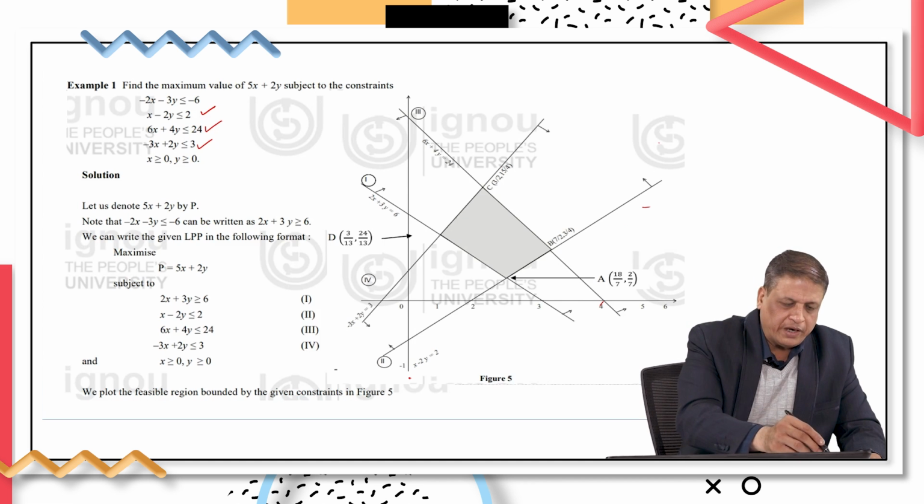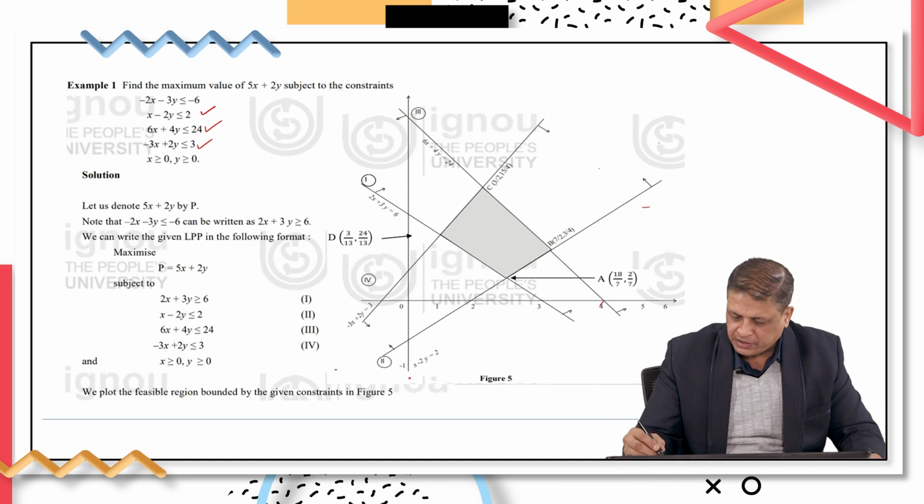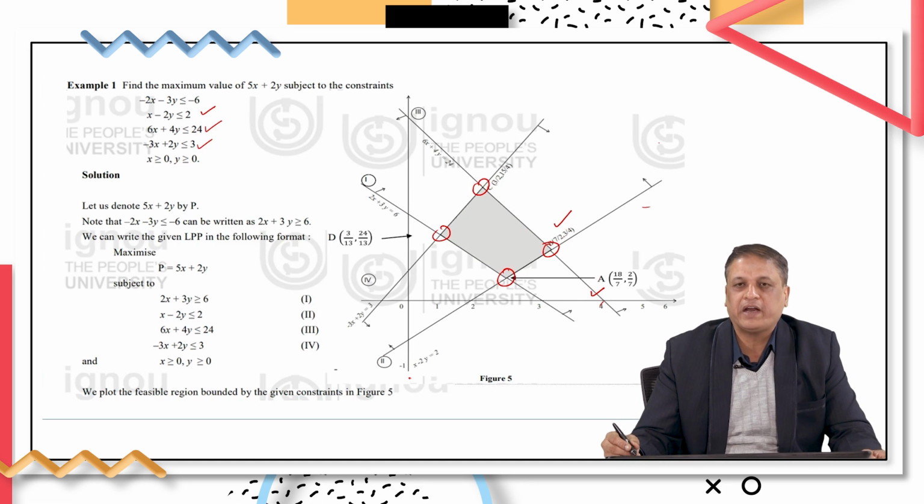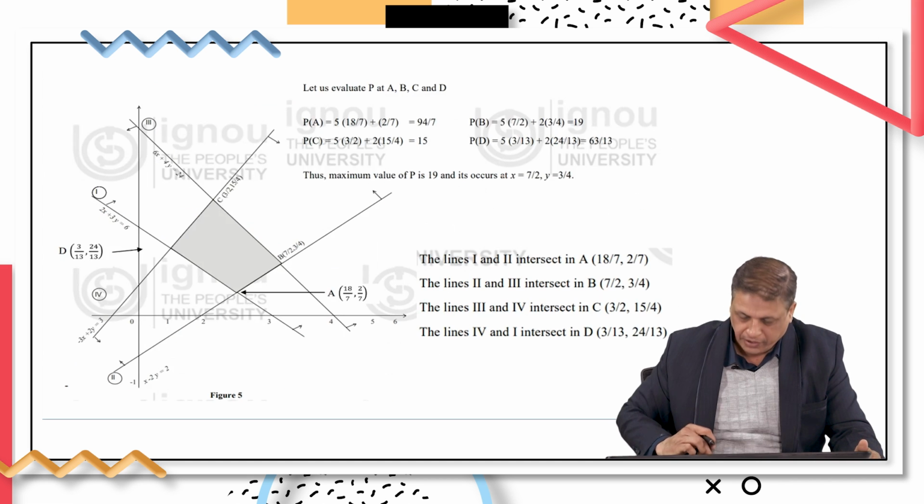Similarly, you can determine other points of intersection. You can determine point B as 7 by 2 comma 3 by 4. You can determine these points of intersection in the manner discussed in our last session, by solving the equations of the lines which are intersecting at that point.